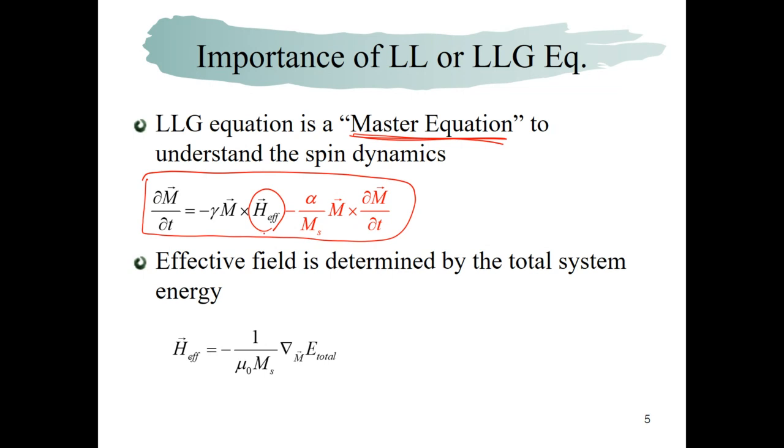And this effective field is determined by the total system energy. If we have an energy equation, and we take the gradient with respect to the magnetization direction, then we can obtain the field.